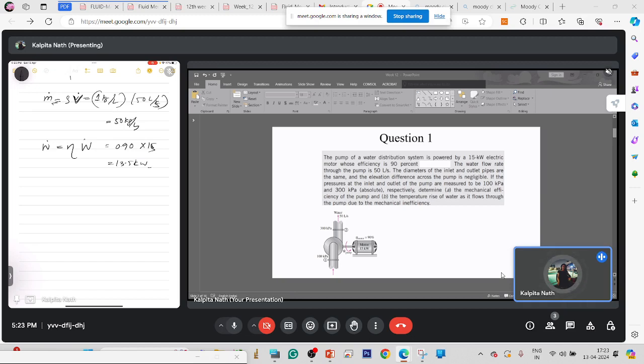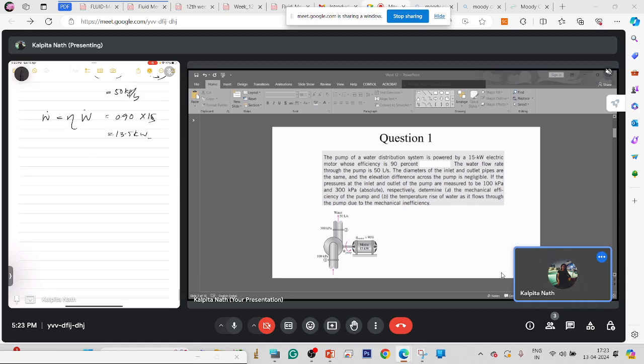Now, to determine the mechanical efficiency of the pump, we need to know the increase in the mechanical energy of the fluid as it flows through the pump, which is delta E mechanical of the fluid. Change in mechanical energy of the fluid is the mechanical energy of the fluid at outlet minus mechanical energy of the fluid at inlet.